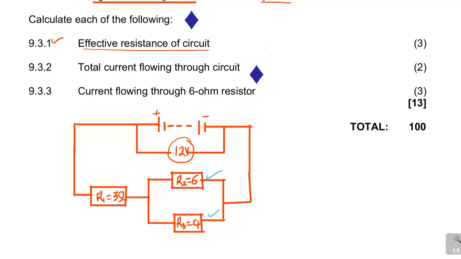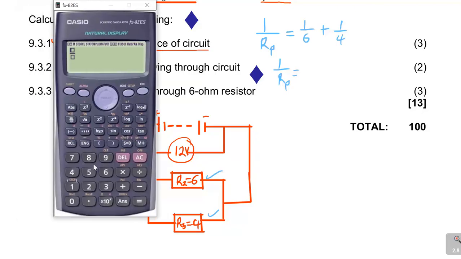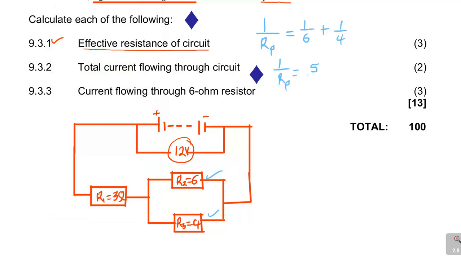Deal with the parallel combination, which is 1 over RP is equal to 1 over 6 plus 1 over 4. Now, if I simplify that, rely on the calculator please. It's 1 over 6 plus 1 over 4, which is equal to 5 over 12. So I've got this as 5 over 12.